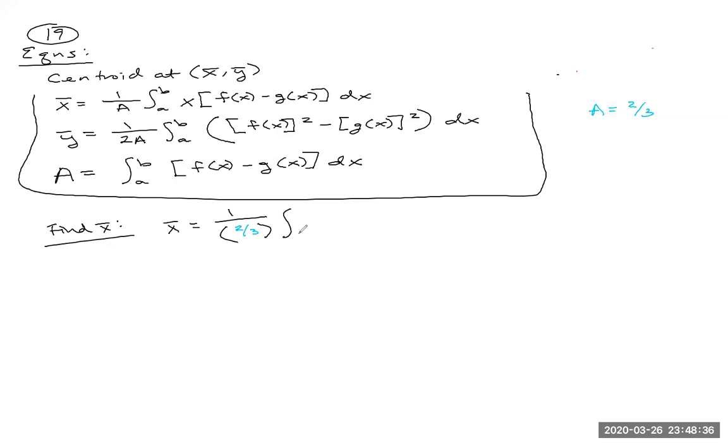And then multiply that by the integral from 0 to 1, x times, put your f of x first. That was the 5th root of x. And then you're subtracting g of x, which is x to the 5th.